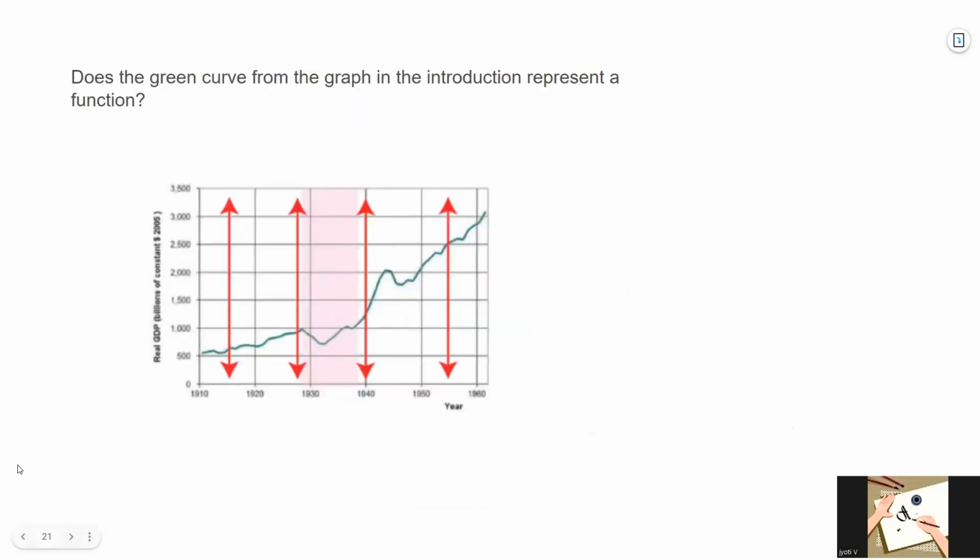Here we go. So the question is, does the green curve from the graph in the introduction of a particular topic represent a function? Very simple, you have done the vertical lines. So the vertical lines are intersecting the green line in distinct points. And if the intersection point is only one, then it is a function.